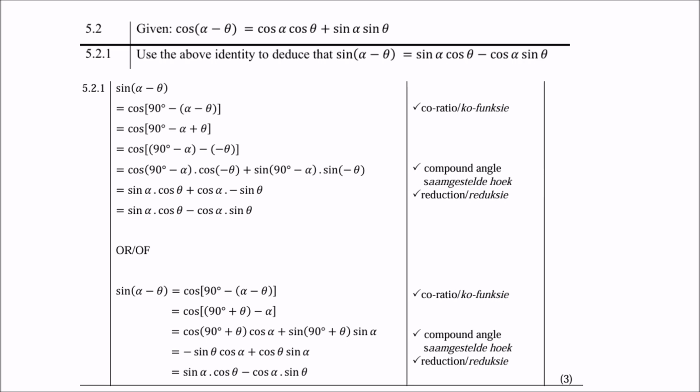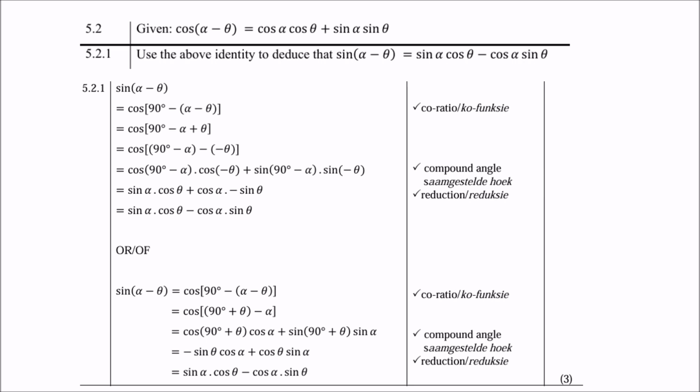Now can you see cos is given, we must deduce sine. So immediately you must put the two together. Sine and cos are co-functions, and co-functions involve 90 degrees. So remember that now. So sine of alpha minus theta is the same as the cos of 90 minus alpha minus theta. Remove the brackets inside the square bracket, right?